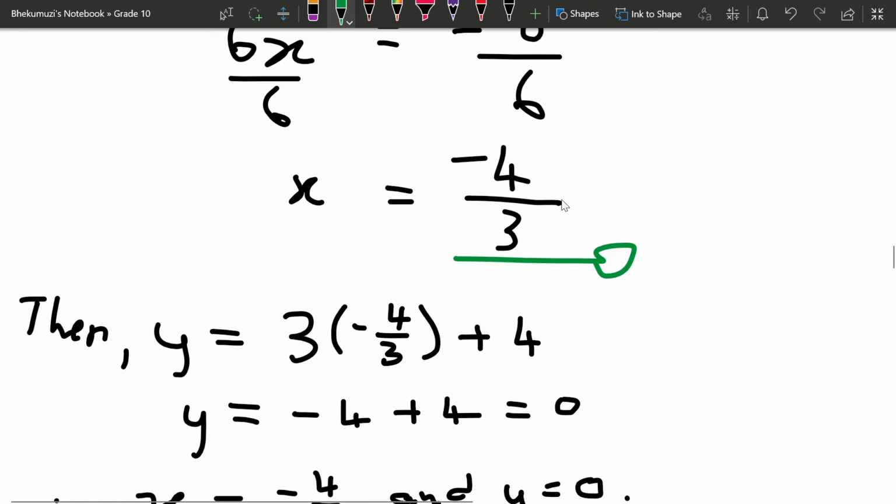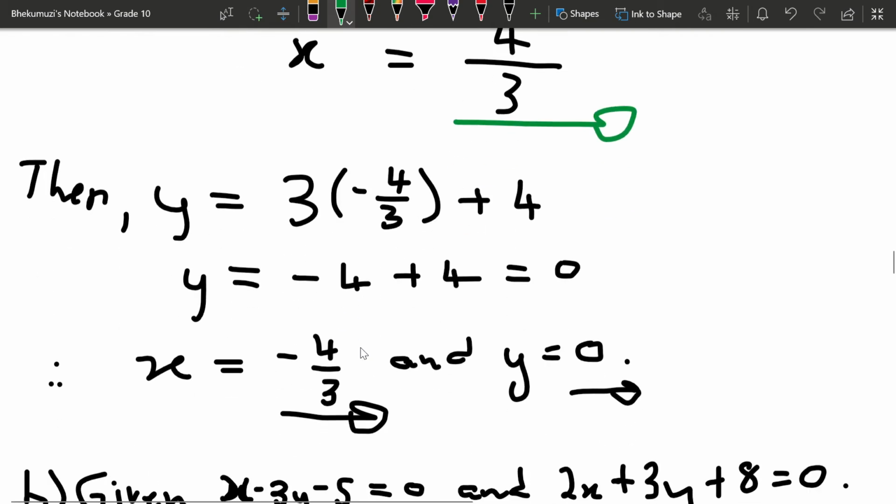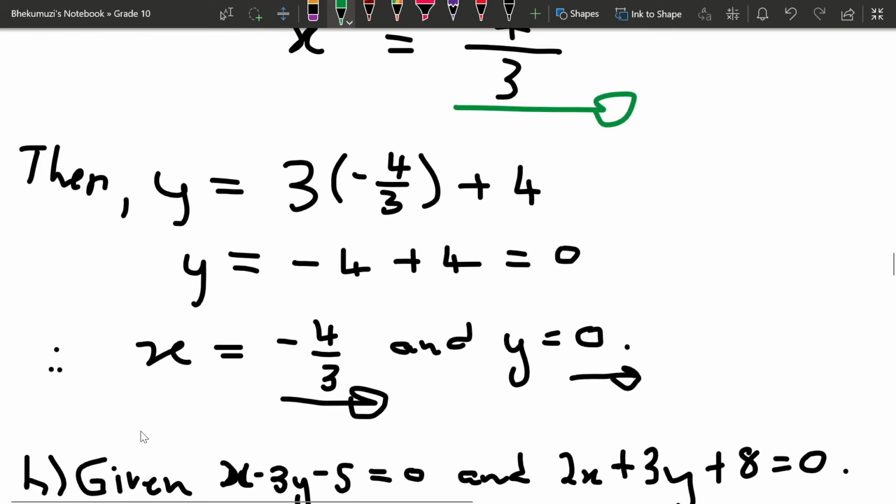And then once you've got your first answer, you have to take it back to the first or the second equation. I chose the first equation, and then you put in the answer for x and solve it, and you find that your answers are x is equal to minus 4 over 3 and y is equal to 0. And notice something here, I said "and" instead of "or".